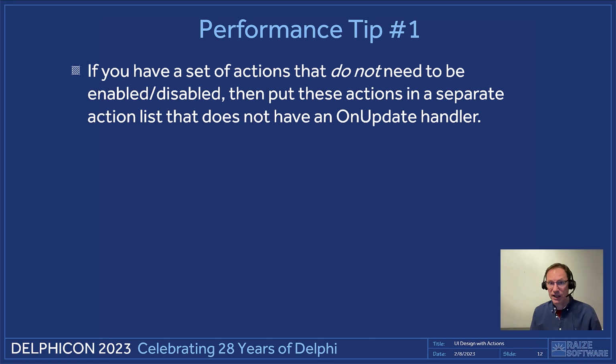This can be a substantial saving, especially if you have lots of commands that don't need to be enabled or disabled. An example for this app would be the open event. This application doesn't have that many actions, so it's not that huge of an impact. But you can imagine that you have a couple hundred actions, and half of them or a third of them don't need to be enabled or disabled. Then moving them to a separate action list does make a lot of sense.